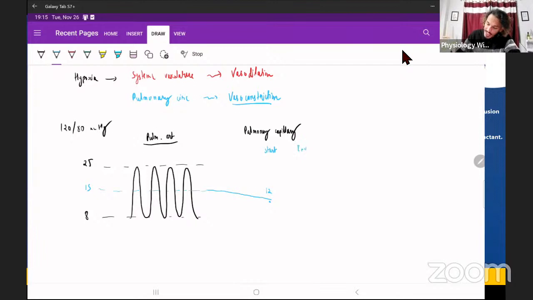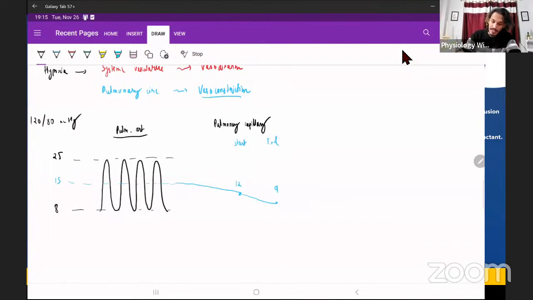And by the time the end of the pulmonary capillary happens, it goes to a value like 9 millimeter of mercury. Okay. Now, beyond the pulmonary capillary, we have the left atrium. And in the left atrium, this pressure will further go to the value of 8. Just a mean value that we're talking about. This can range between 4 to 12 millimeter of mercury.